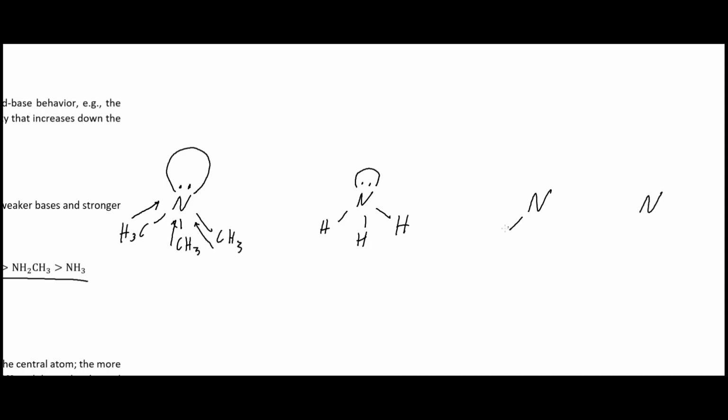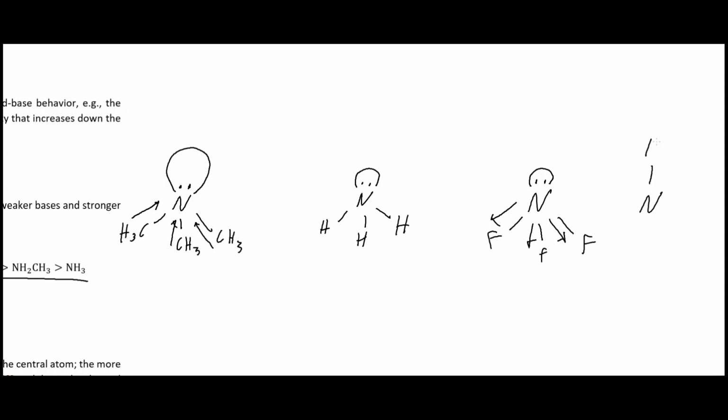So if we have nitrogen with these fluorines on it, these are removing electron density from the nitrogen. And so again, that's making this a smaller lobe, and so that's going to weaken it as a base, which you can also think of in the opposite direction. It would strengthen it as an acid.